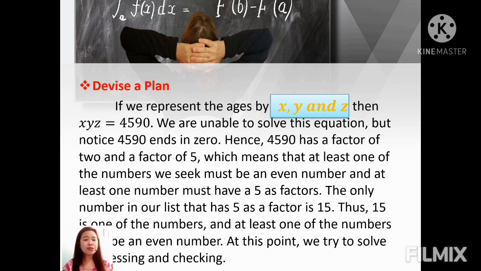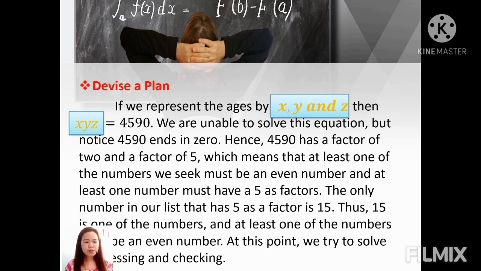So, in here, we will use X, Y, and Z para i-represent yung ages ng tatlong teens. So, we will have X, Y, Z must be equal to 4,590. Now, given this equation, isa lang yung binigay na equation, tapos tatlo yung unknown, we cannot solve this directly.